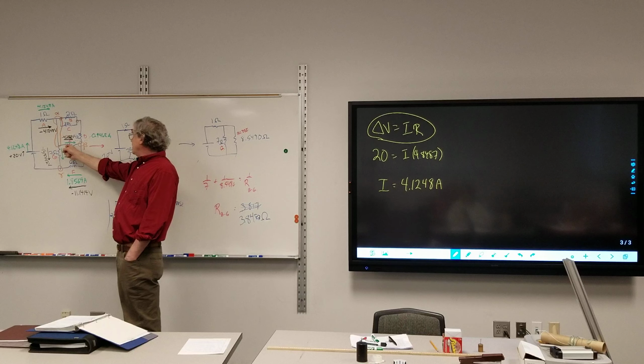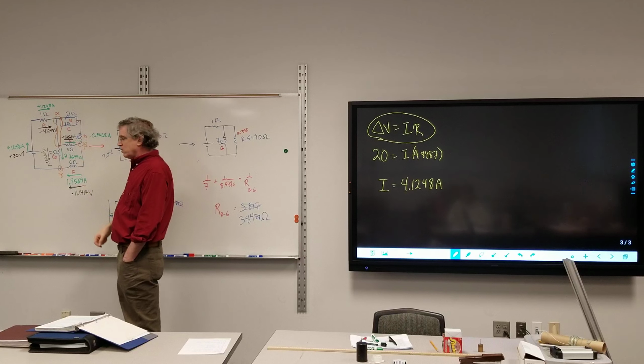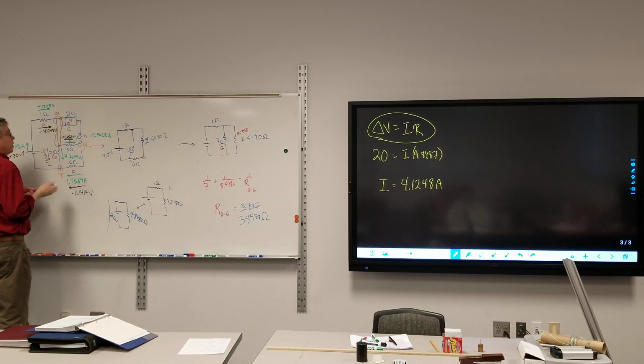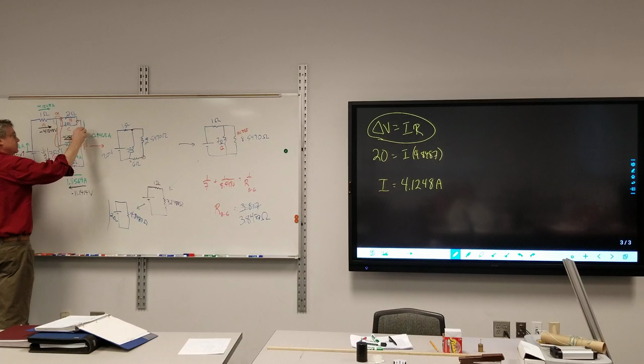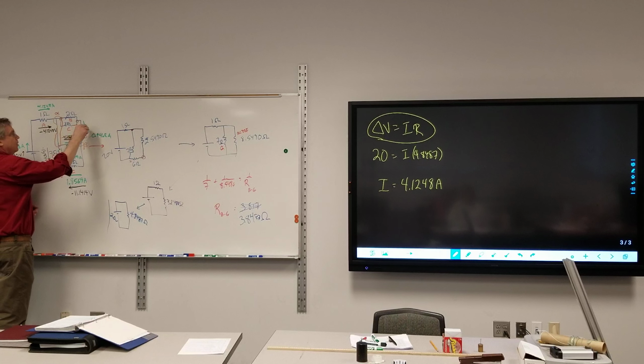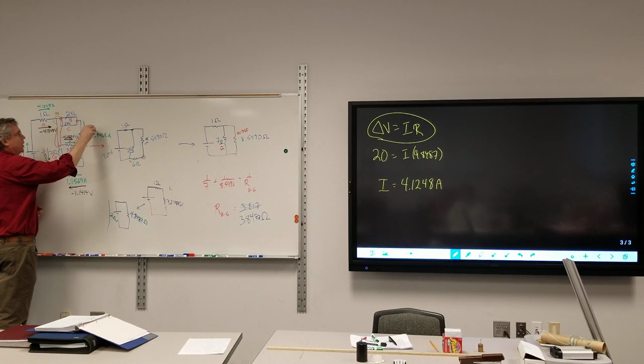I know I have 0.9468 amperes flowing in here, so what else has to flow in order for that to balance? What is the current flowing down here? 0.9101 amperes.